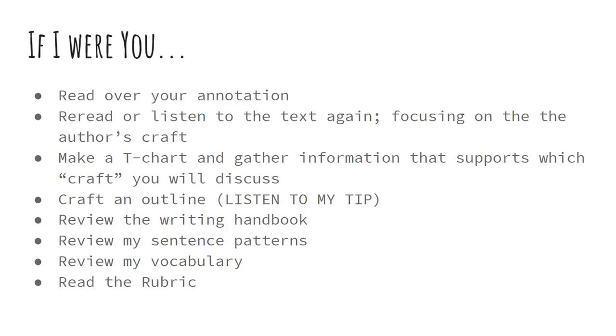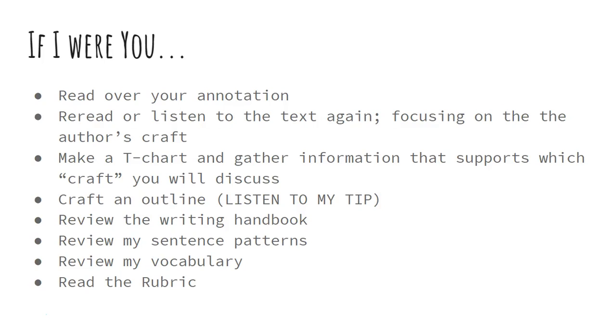So if in body paragraph 1 you're talking about the diction, and remember, you are talking about how that diction created a tone, how that tone reveals the author's perspective on the topic, how that tone and that diction reflects the author's purpose. You're talking about the rhetorical appeal. You're talking about all of that in that first body paragraph.